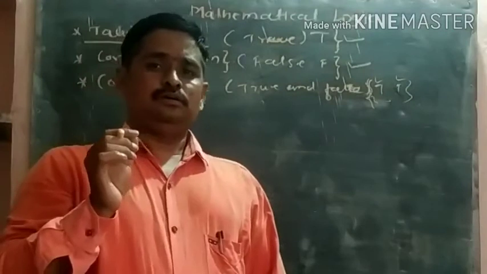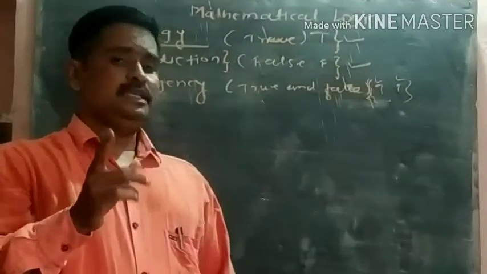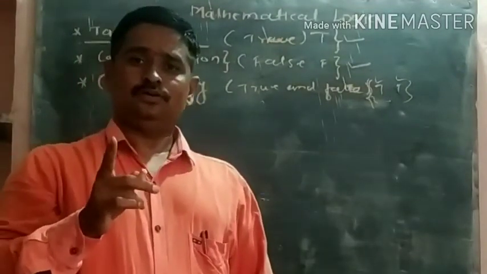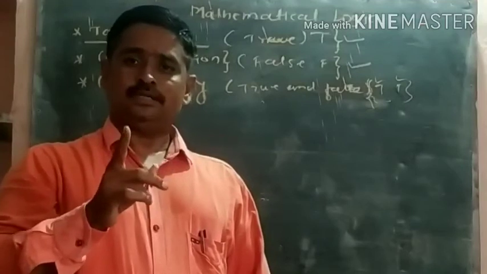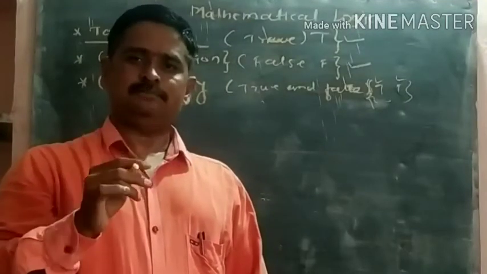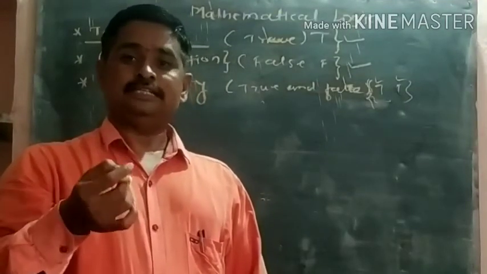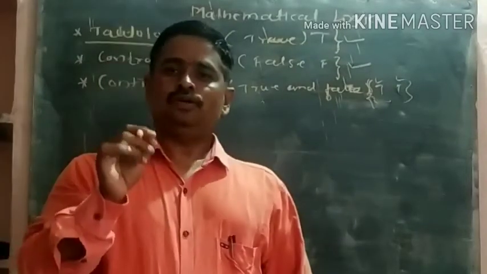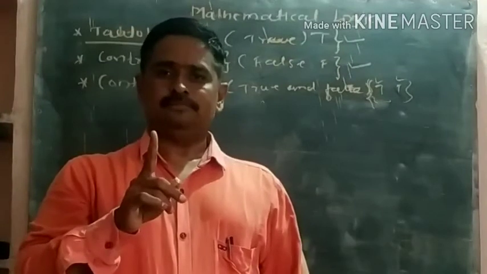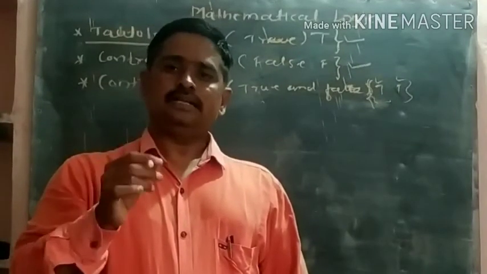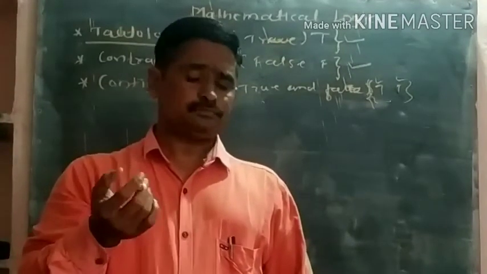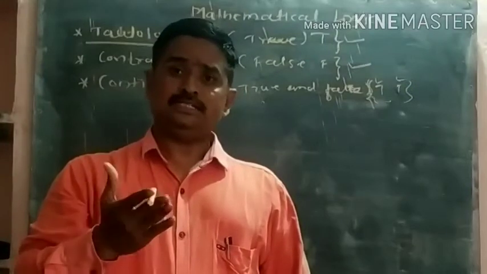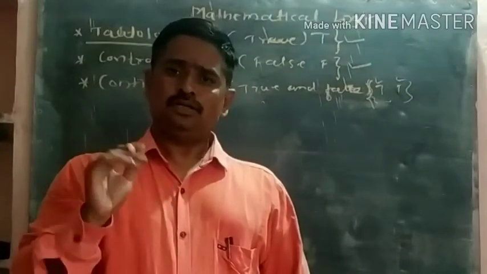So how to remember this? Now I want to construct a truth table of a logical statement and check whether it is a tautology, contradiction or contingency.